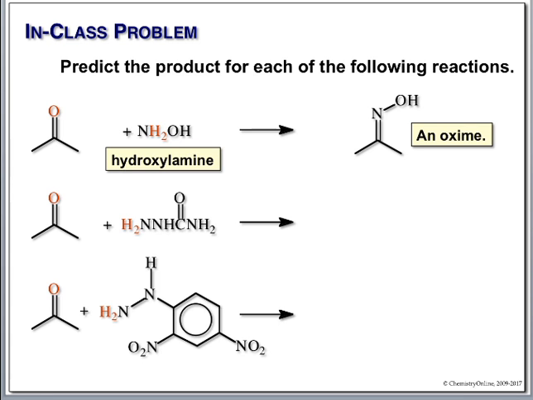This stuff is called semicarbazide. If you ignore the extra nitrogen on the end, this would be urea with a hydrogen here, so this is urea. And we simply have an NH2 on the end. Once again, it's an alpha effect nucleophile, so that nitrogen is very nucleophilic.